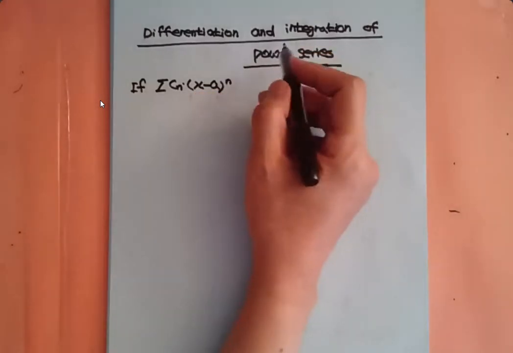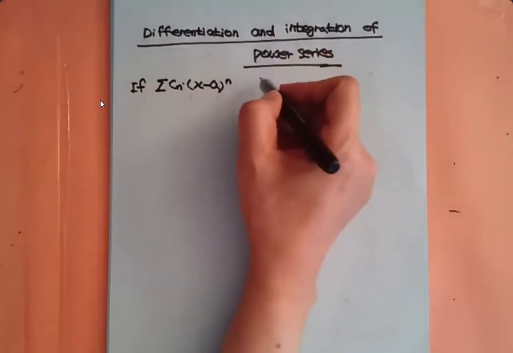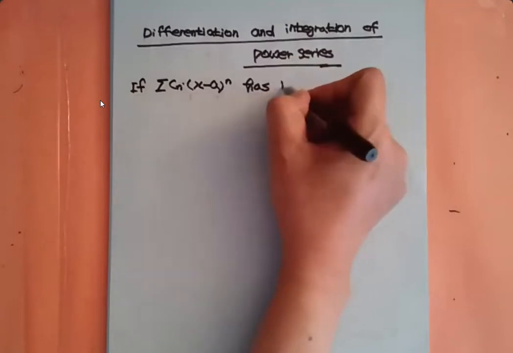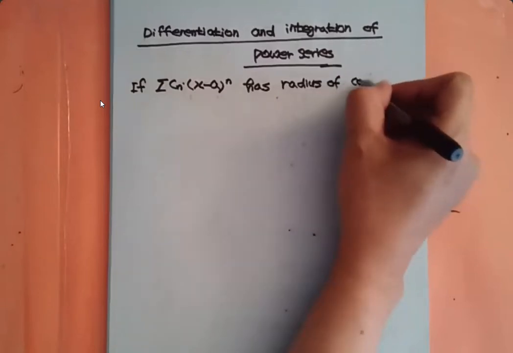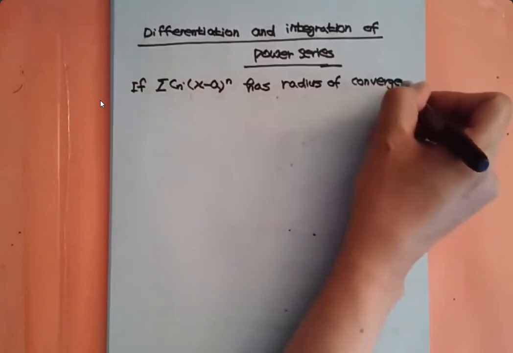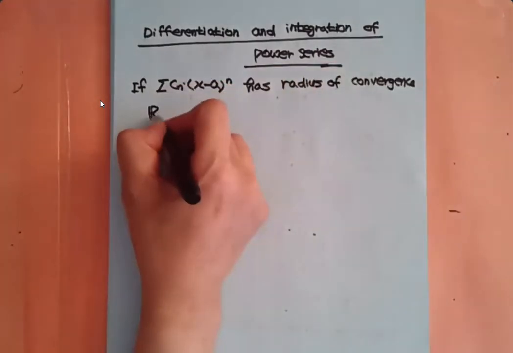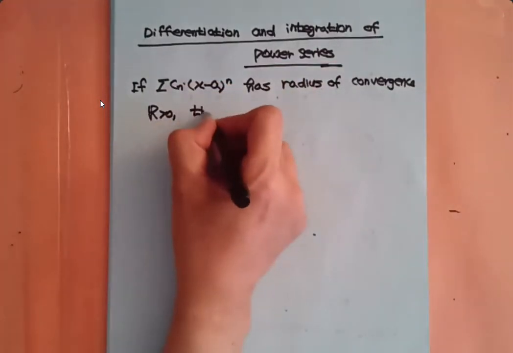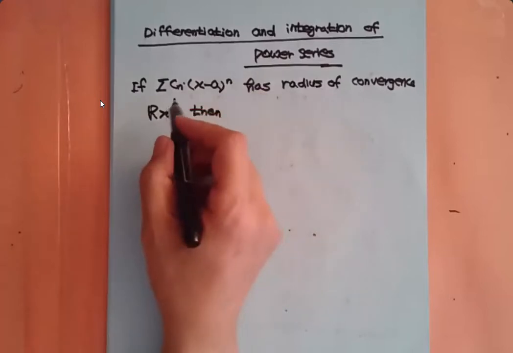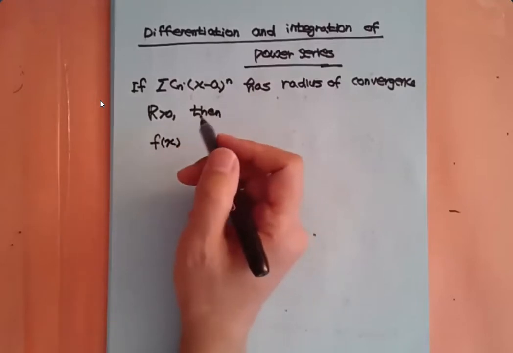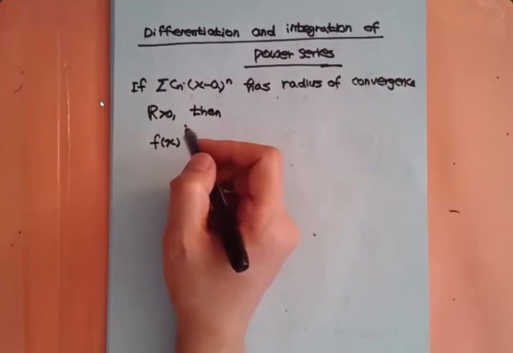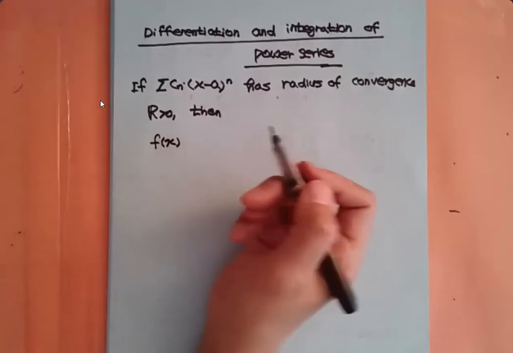If summation Cn times x minus a to the n power has radius of convergence R positive, then what we can say is that it is differentiable, integrable, and we can differentiate and integrate term by term.